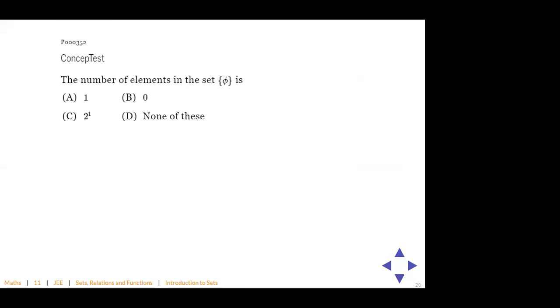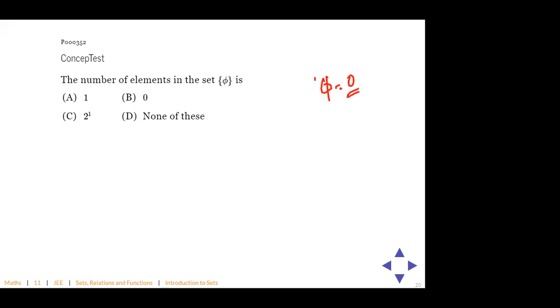Okay, sorry, my bad. Apologies, guys. So when I'm writing phi, it means 0, right? It should be 0 only. Because phi means 0.